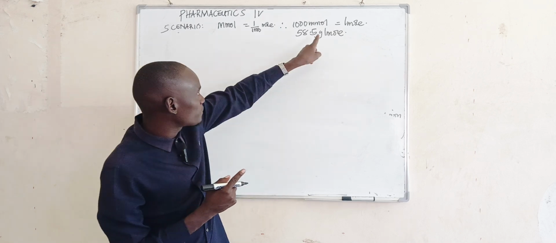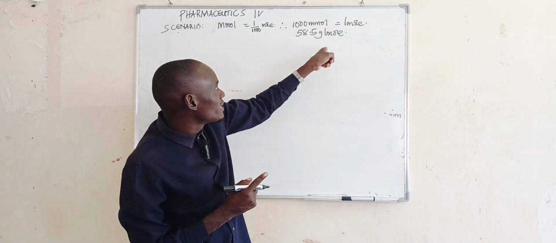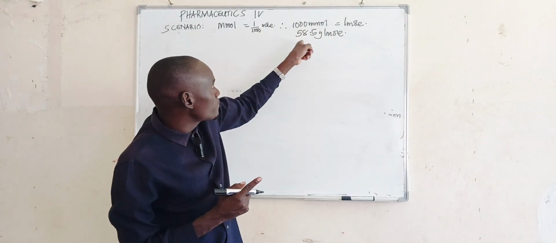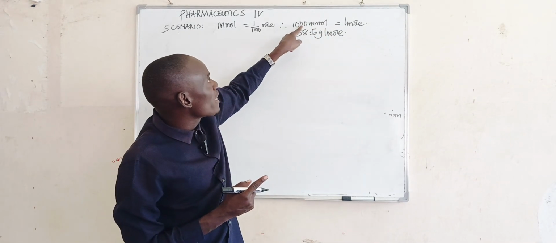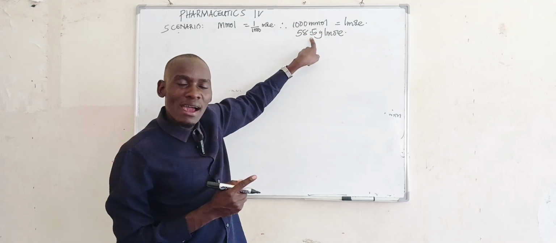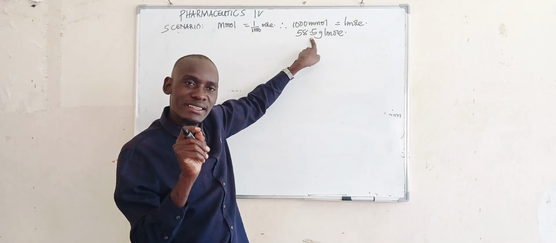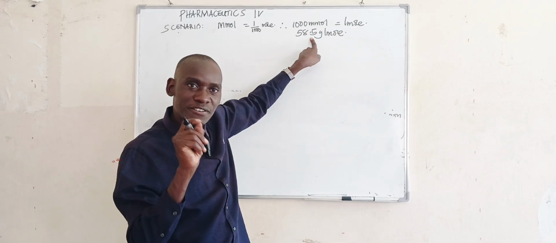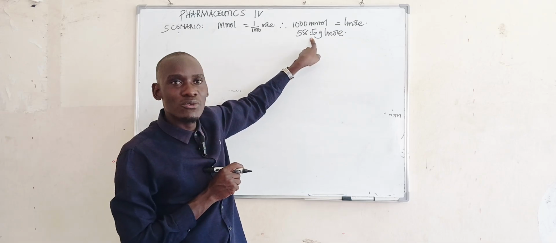And therefore, that gives us a relationship between the 1,000 millimoles and our mass, which is the 58.5 grams of sodium chloride.